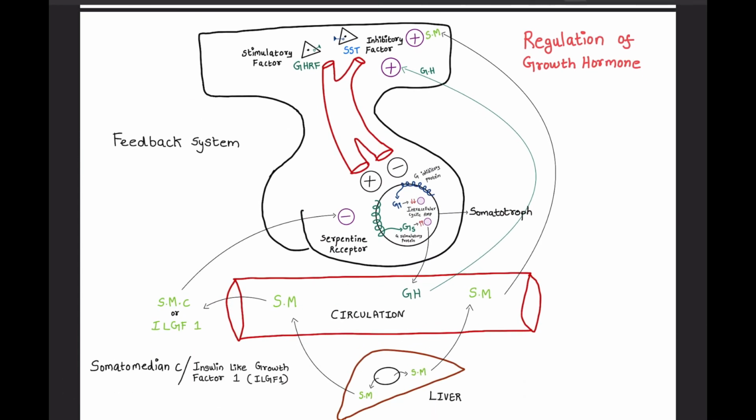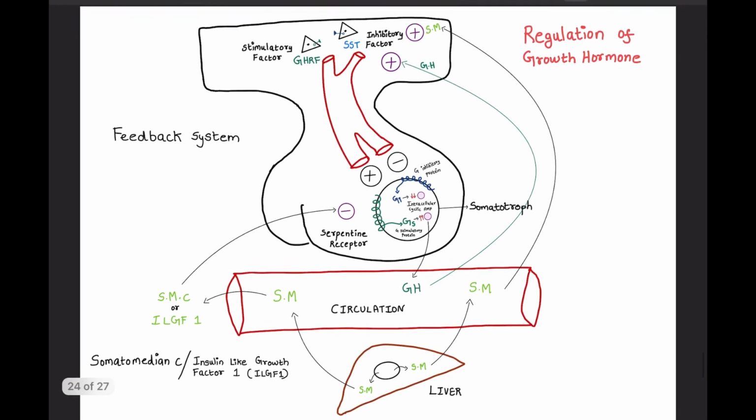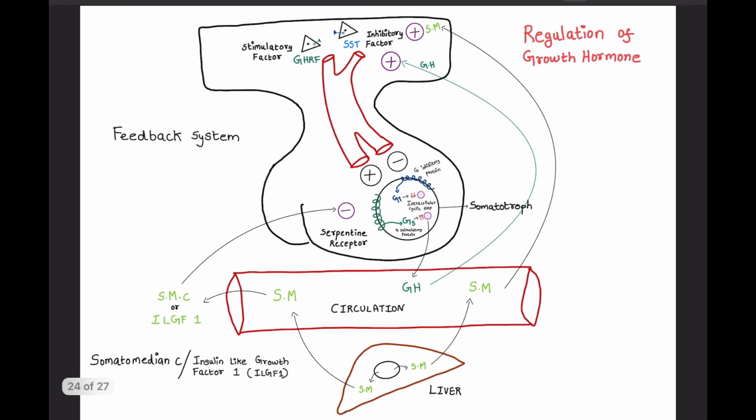So in regulation of growth hormone, we have already seen earlier in this lecture that somatostatin inhibits growth hormone synthesis, and growth hormone releasing factor stimulates growth hormone synthesis and release.